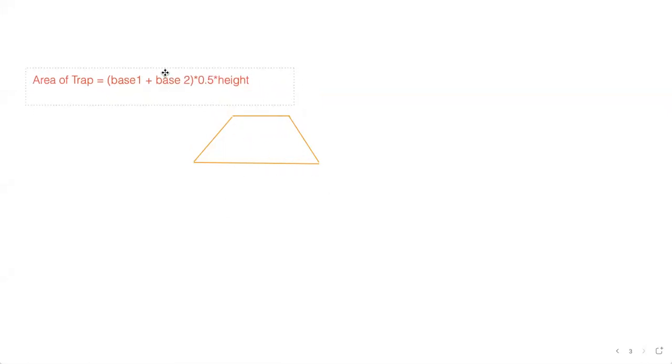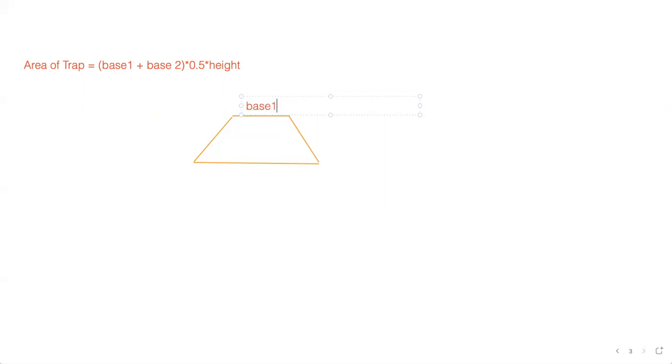And I'll move it up a little bit to make some room. And so here is base 1, and base 2 is down here. Doesn't matter which one you call base 1, which one you call base 2.